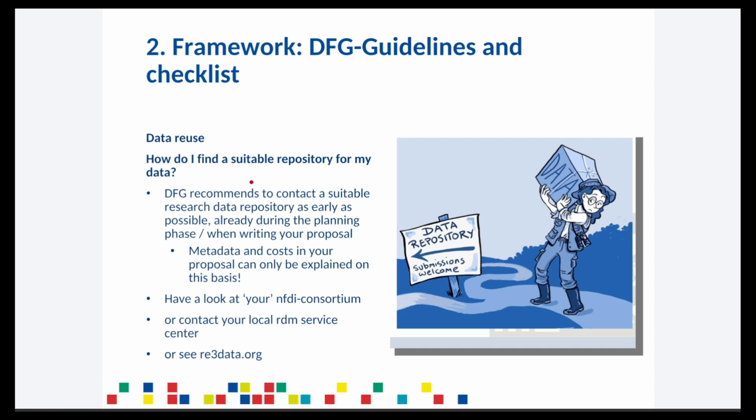We have 26 NFDI consortia in this country, and they are very discipline specific, and they can lead you to the relevant repository for the discipline. If you don't find a way through that, contact your local research data management service center or help desk, or have a look at Re3data.